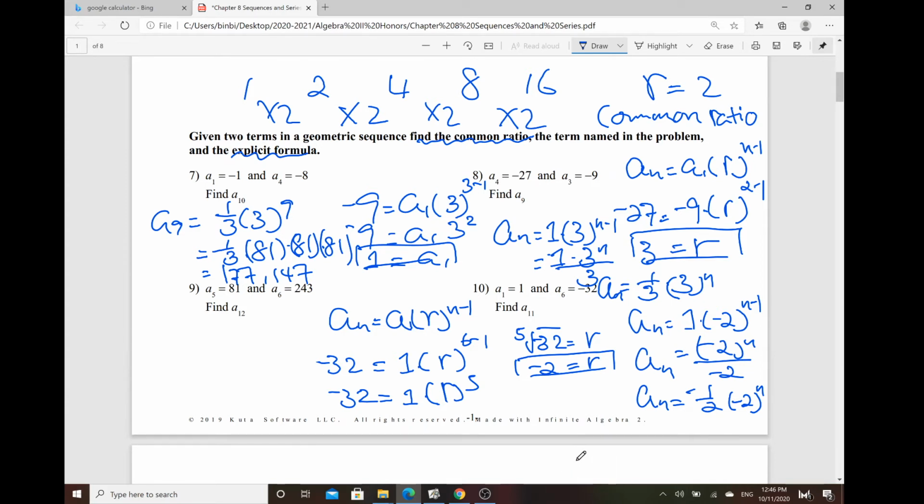Wait, it's actually getting smaller? Okay, hang on a second here. The common ratio we found is 3. Let me check one thing here real quick. Number 8.